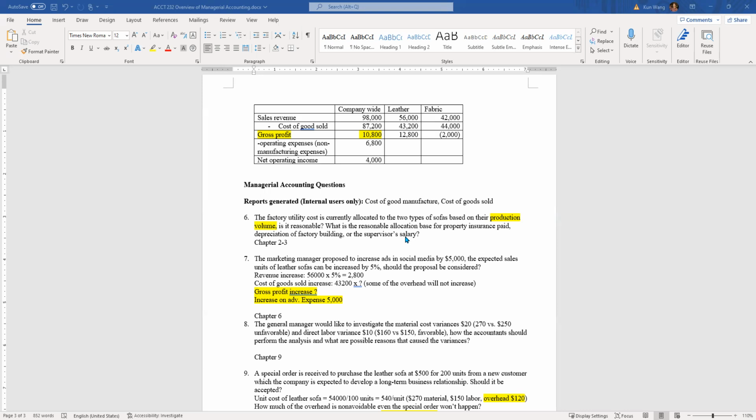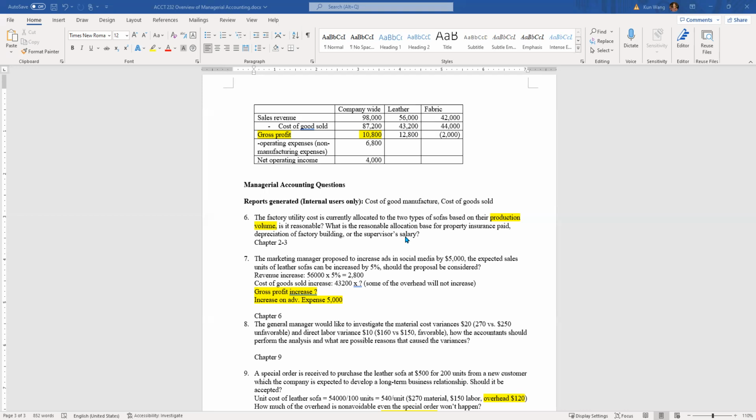But are there any other allocation bases we can consider? For example, will the overhead be more related to the direct labor hours, or the amount of raw material used in the production, or maybe the hours of running the machineries?